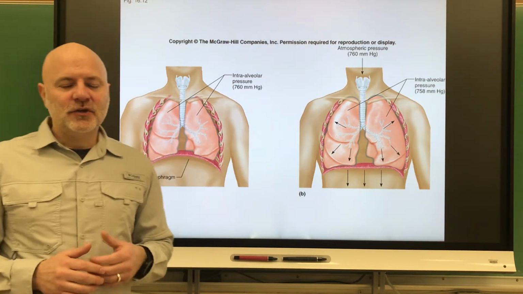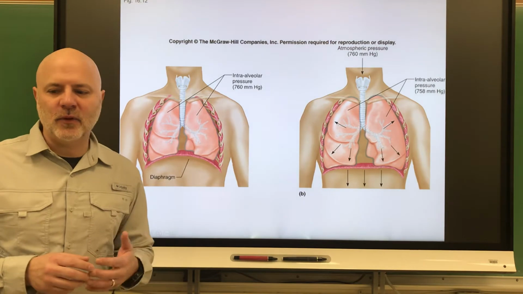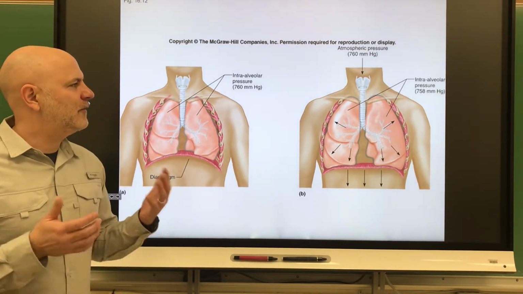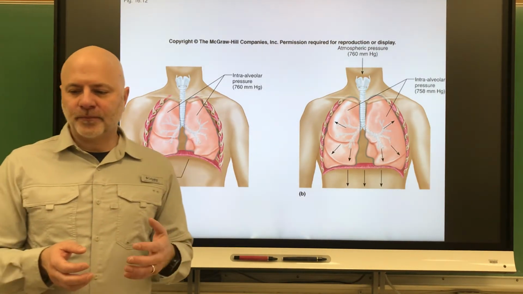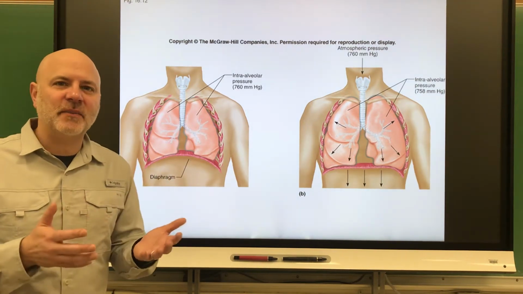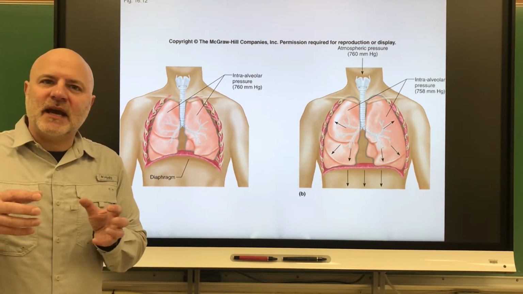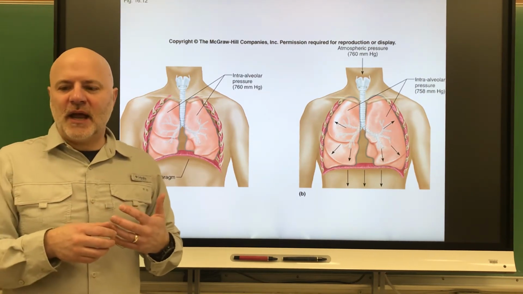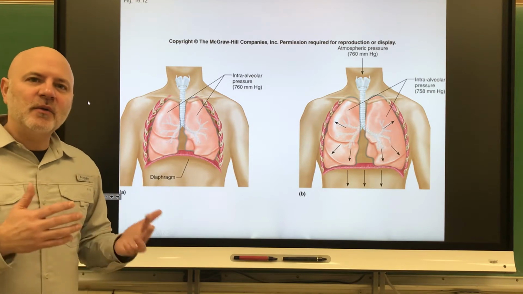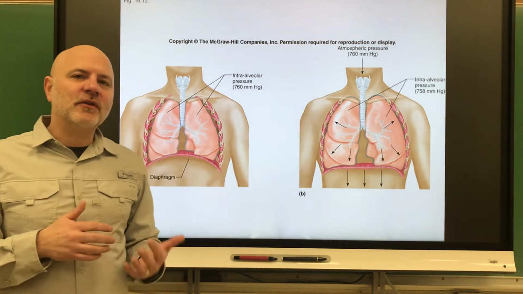All right? So what we need to understand about gases, unlike a solid and a liquid, is that gases are going to fill their container. So if you reduce the amount of gas molecules, they're still going to fill the container. It's just you're going to have fewer gas molecules there, and so you're going to have less pressure. So what we see with gases is that air pressure and volume are inversely proportional.